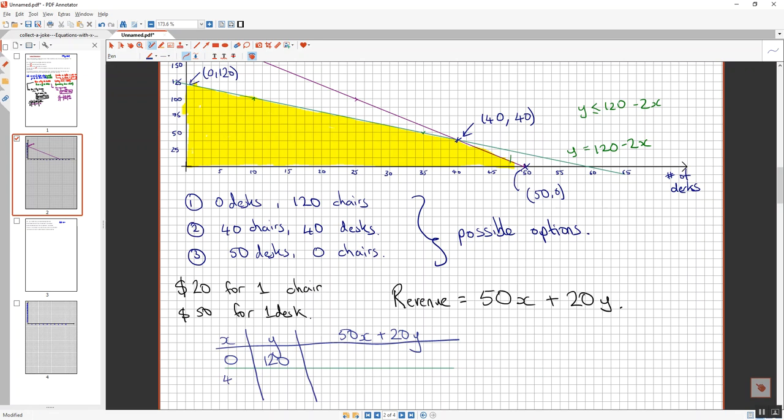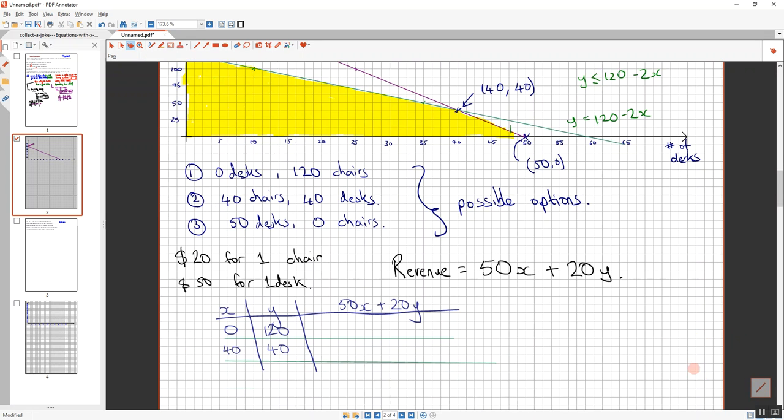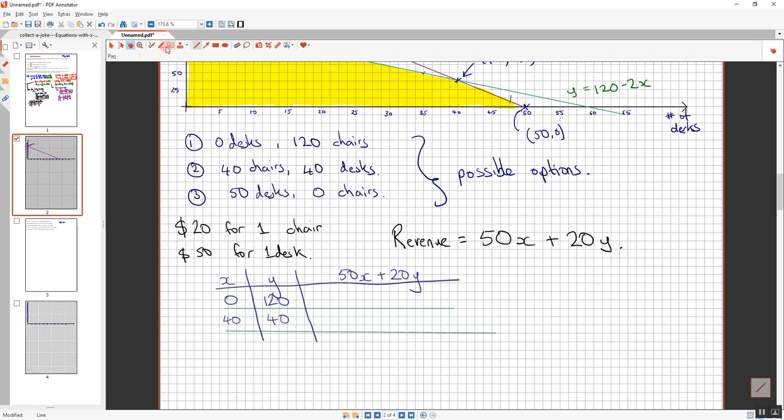I'm going to have 40 desks and 40 chairs. And then the last option is 50 desks and 0 chairs.